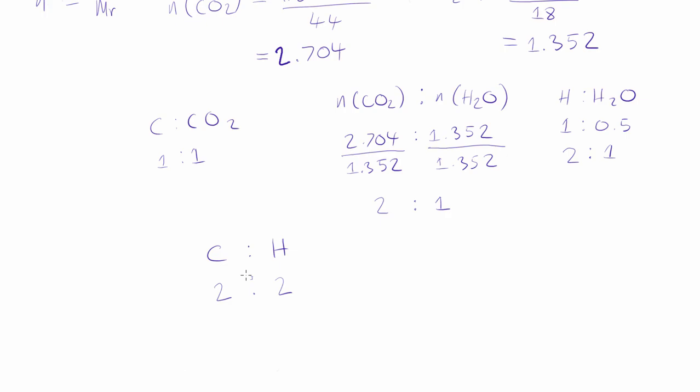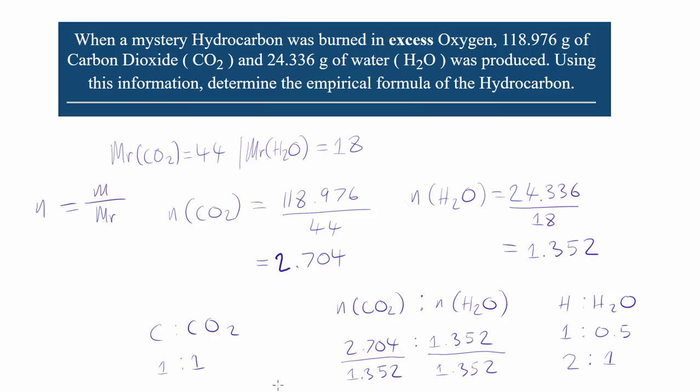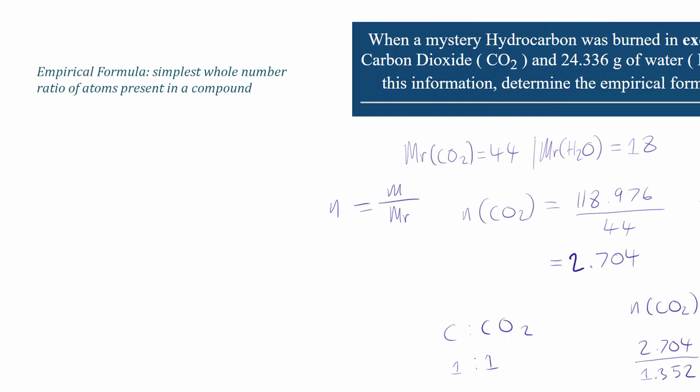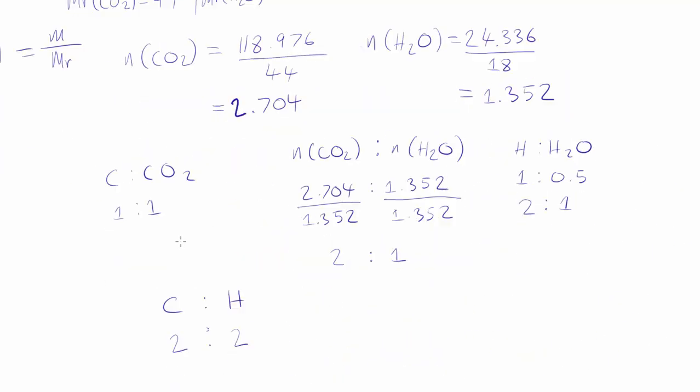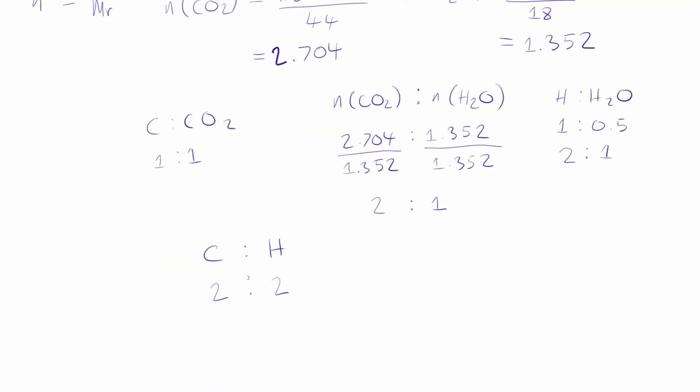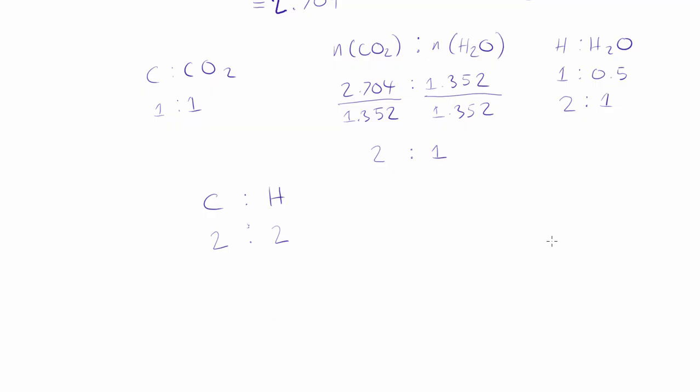Well, we have to refer back to the definition of empirical formula, in that it is the simplest whole number ratio of atoms. This is not the simplest ratio because 2 is divisible by 2, and this would give us a smaller number if we do that operation. So this is exactly what we're going to do here. We're going to divide both sides by 2 to get the simplest ratio.